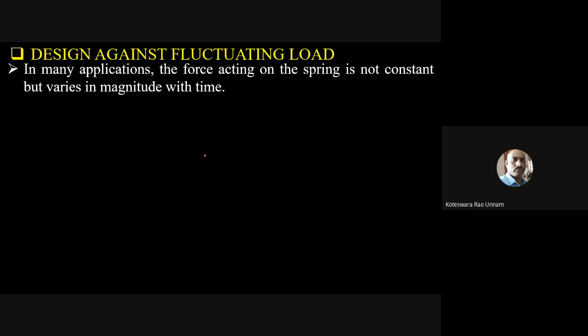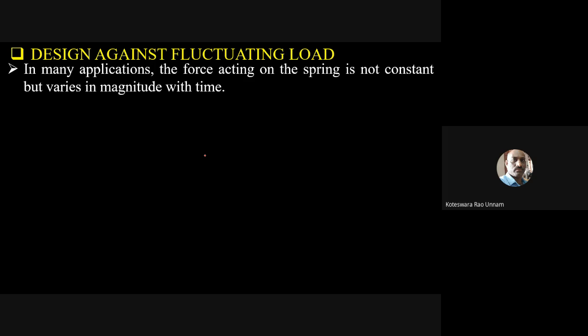In problem number 2, we used the spring to operate a valve. When the valve is open, there is one force on the spring. When the valve is closed, the force is changing. That means the force is not constant; it changes with respect to time. Its direction remains the same, but the magnitude varies with respect to time.